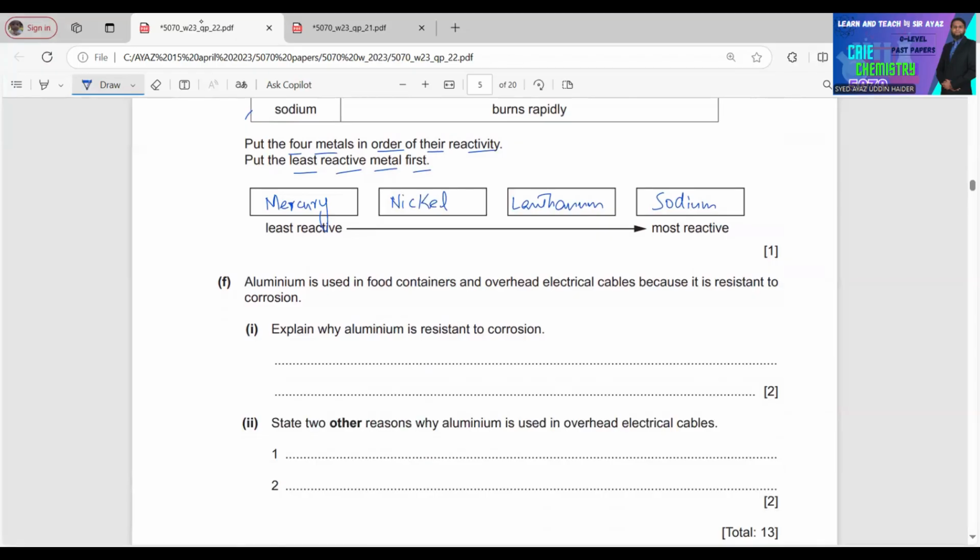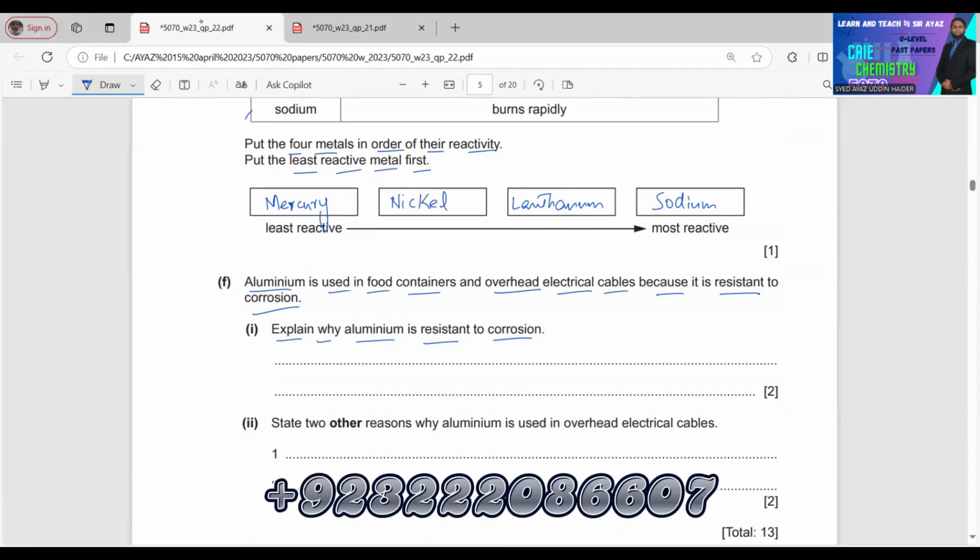F. Aluminium is used in food containers and overhead electrical cables because it is resistant to corrosion. Number 1, explain why aluminium is resistant to corrosion. Now it's forming an oxide layer which stops oxygen or water from coming in contact or reacting. You can even write impermeable.